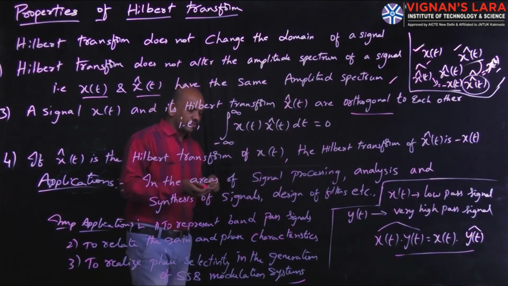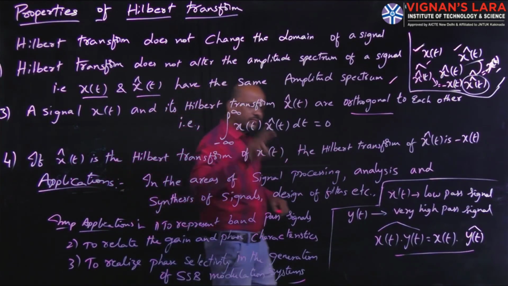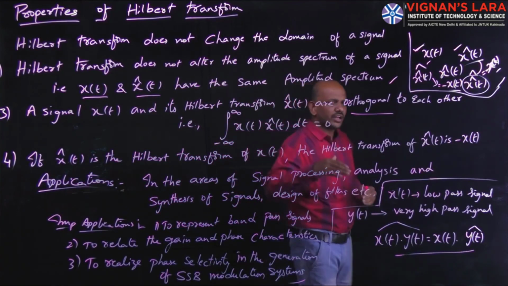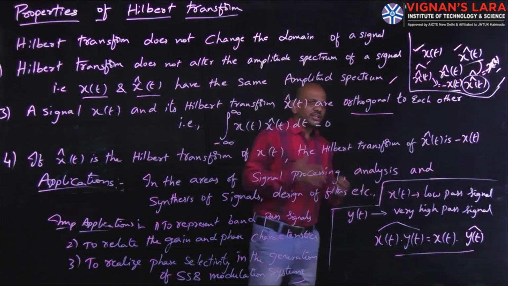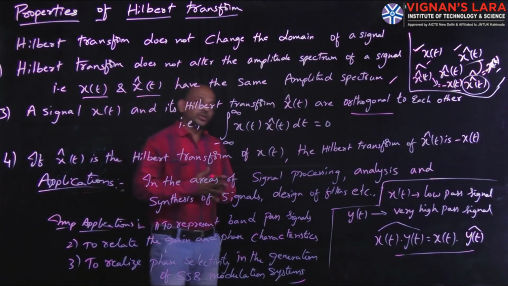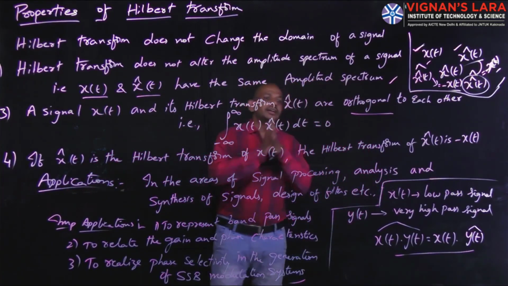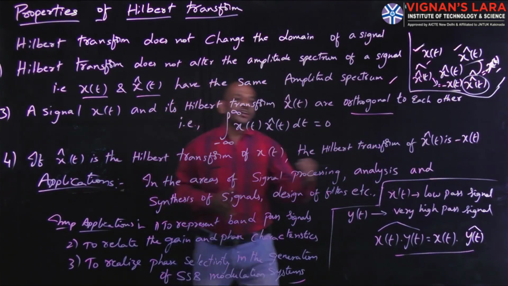So I concluded with this: while considering two signals, one a low pass signal and the other a very high pass signal, the Hilbert transform of their product must be equal to the product of the low pass signal and the Hilbert transform of the very high pass signal.